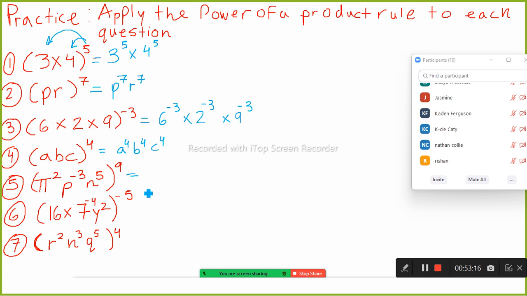Jasmine, can you help me with number 5? Jasmine, are you here?